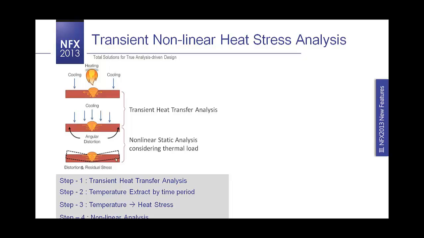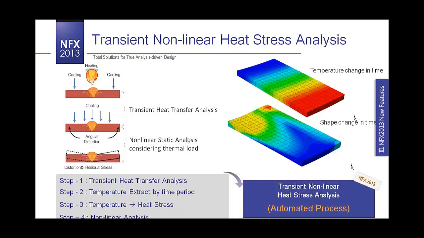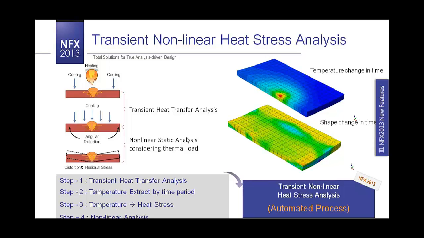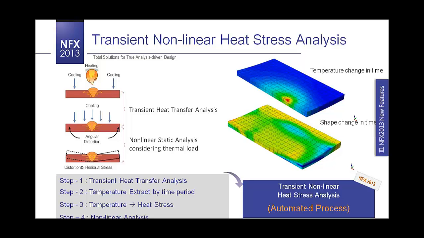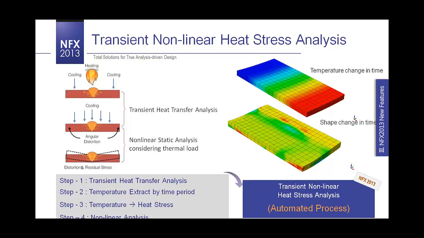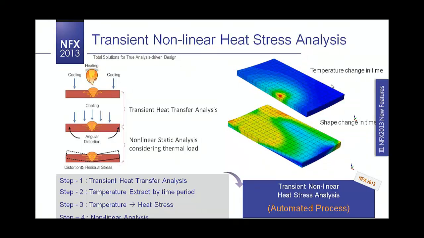So all that is done using nonlinear quasi-static analysis, and it makes all that work as transient nonlinear heat stress. And right now Piotr will show you another example of this kind of nonlinear heat stress.